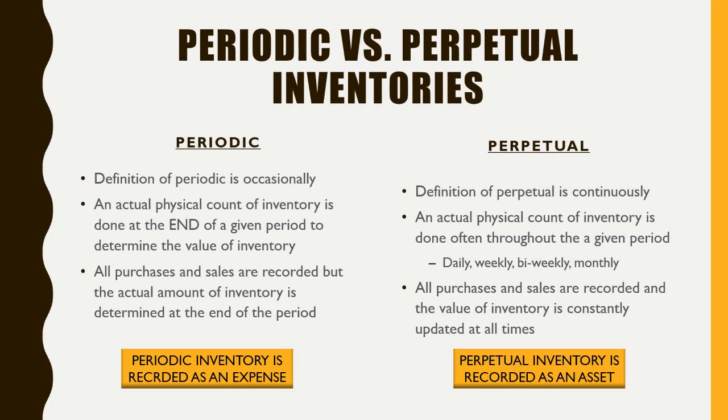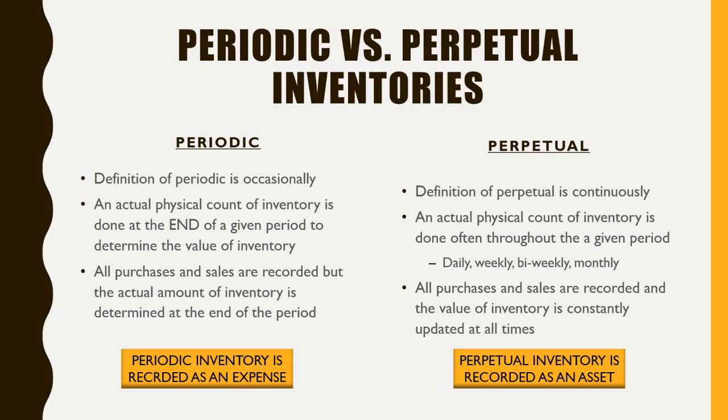Because we constantly know, whether we do our inventory every day, every week, or every month, we're constantly going to know the ending inventory on hand at all times. Physical inventory is just to ensure that there are no mistakes going on. But here is the huge difference.